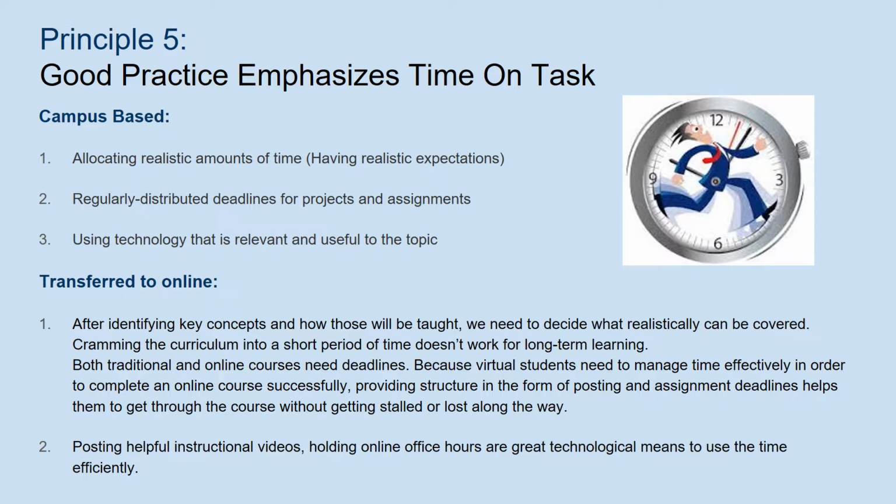Transferring these strategies to an online classroom, after identifying key concepts and how those will be taught, Hanif decides what realistically can be covered. Cramming the curriculum into a short period of time doesn't work for long-term learning.